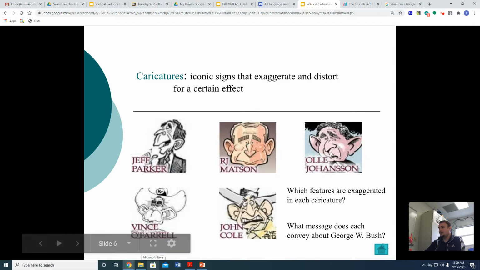You can see different aspects of him have been changed, made into a caricature to make some statement about it. Here you can see the large ears, the angry look here. Here it's represented as a monkey. So you can see each of these pictures is basically trying to establish some different view of George W. Bush. And it really has to do with the author's feelings. So that kind of ties back to tone in a way.